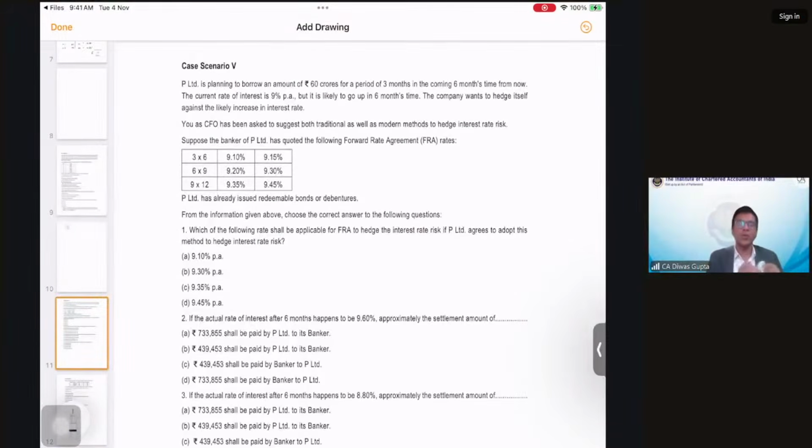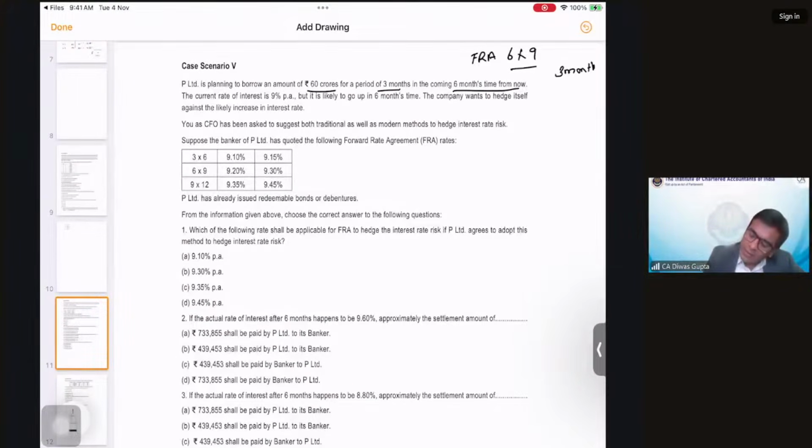This is case scenario fifth. P Limited is planning to borrow an amount of rupees 60 crores for a period of 3 months in the coming 6 month time from now. So this we are talking about FRA of 6 by 9.